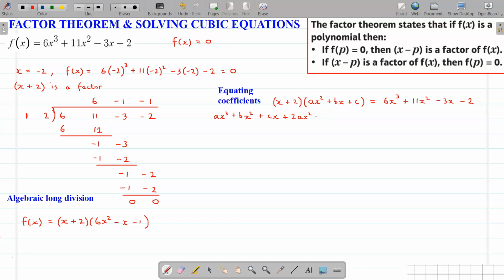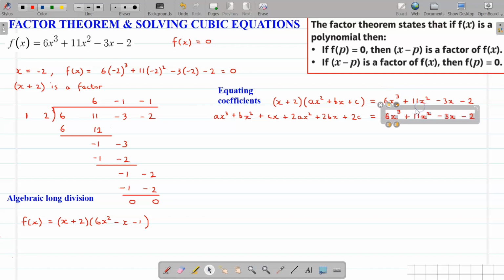We've also got 2 lots of bx, and we've also got 2 lots of c, and we can say that all of that is equal to what we have here.